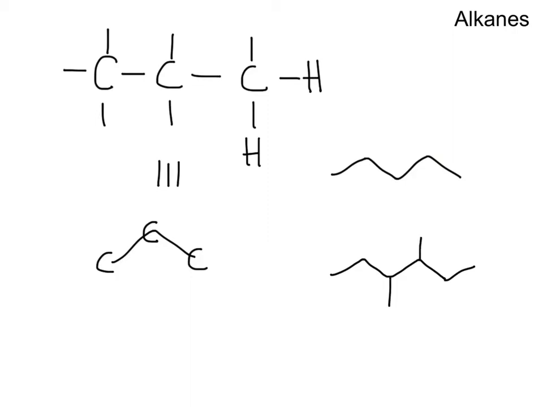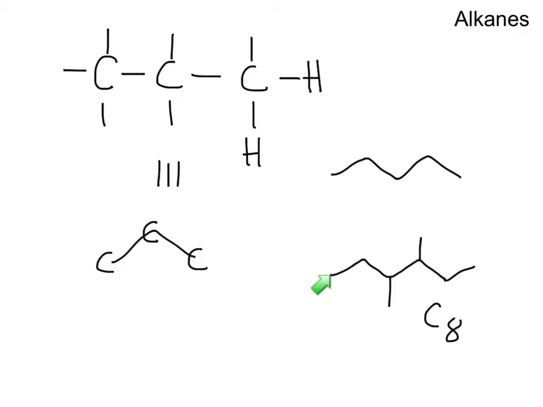Take a look at this one and tell me how many carbons and hydrogens are there. There are 1, 2, 3, 4, 5, 6, 7, 8 carbons. So this is going to have the formula C8. Now let's count the hydrogens. We need enough hydrogens to complete the octet.